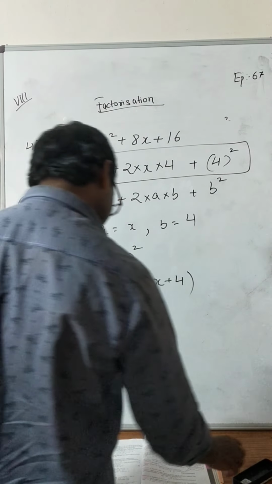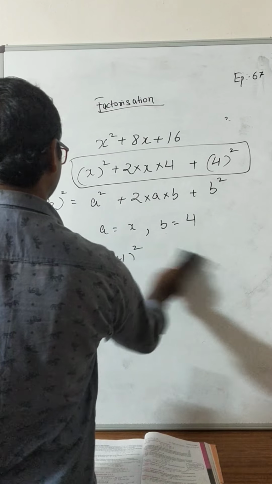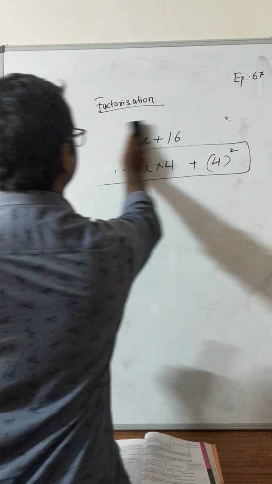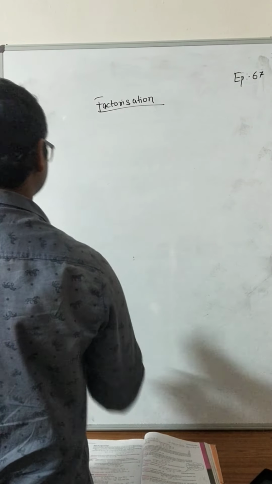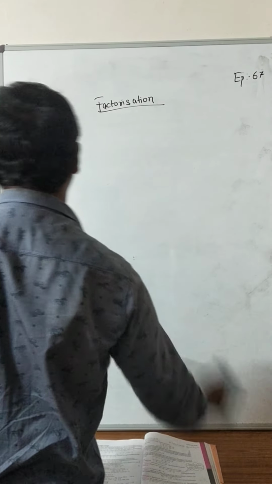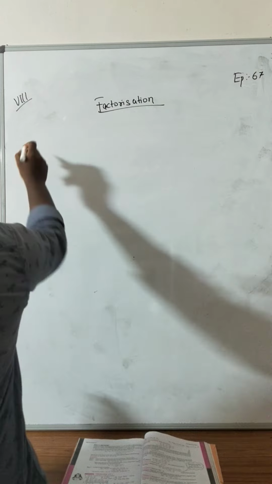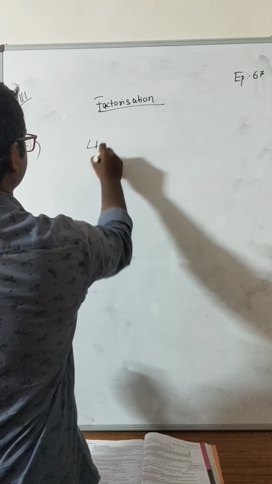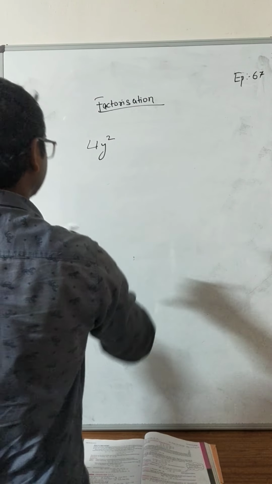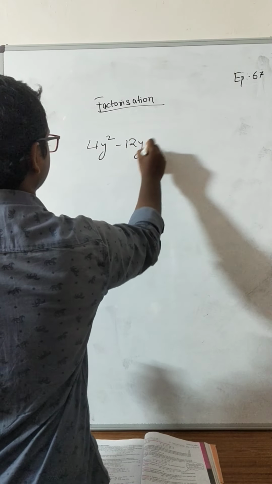Now look at example number 5. Example 5 is 4y square minus 12y plus 9.